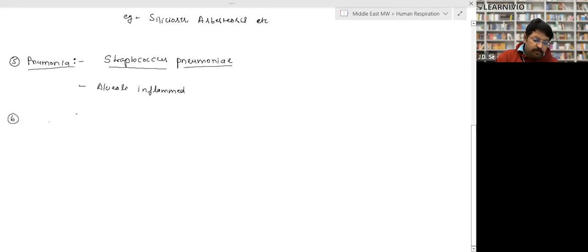Next is emphysema. It is caused exclusively by cigarette smoking, and hookah and all that.